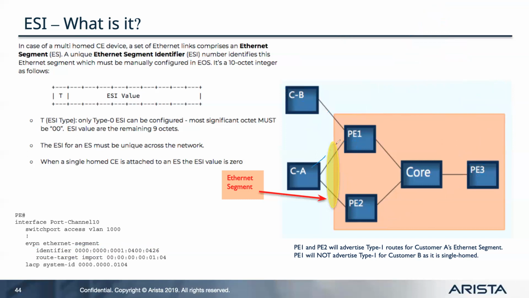So customer is sending BUM traffic, right? Flood ARP request. Let's say ARP request. For which host is it sending the ARP request? Suppose PE3 or any host behind PE3 basically. Okay. Same VLAN or different VLAN? Same VLAN. So it's the same VLAN 1010, right?